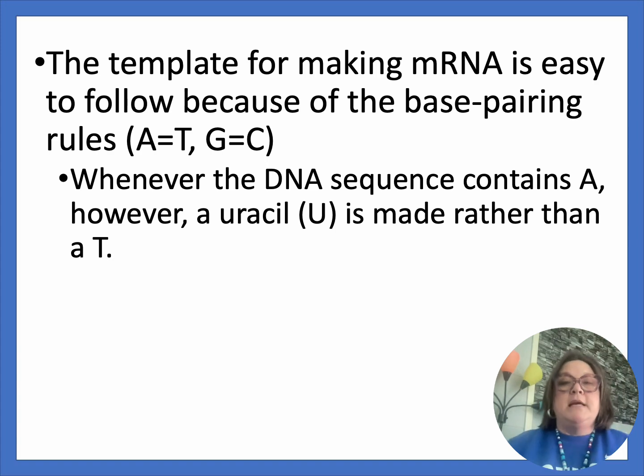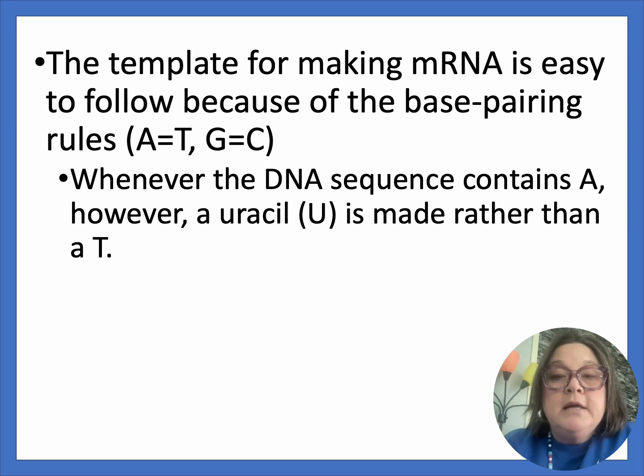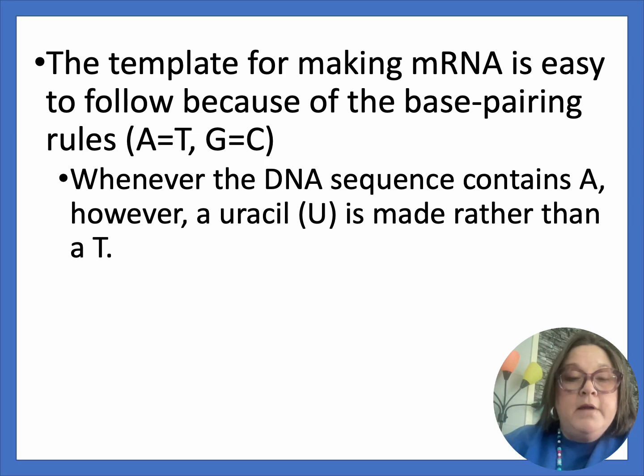So the template for making messenger RNA is easy to follow because of base pairing rules. Your A goes with your T, your G goes with your C. And remember, A is adenine, T is thymine, G is guanine, C is cytosine. Whenever the DNA sequence contains an A, however, now you're going to use a U instead of a T when we are talking about RNA.